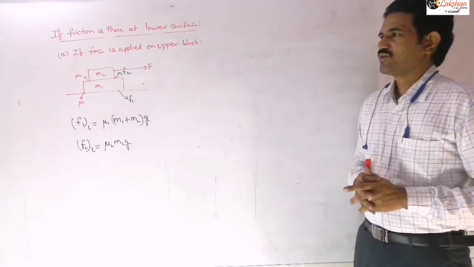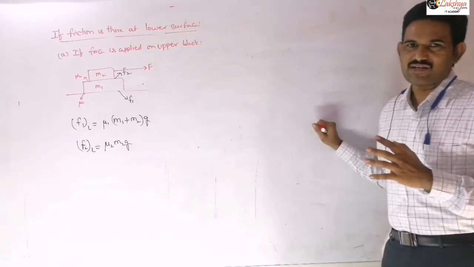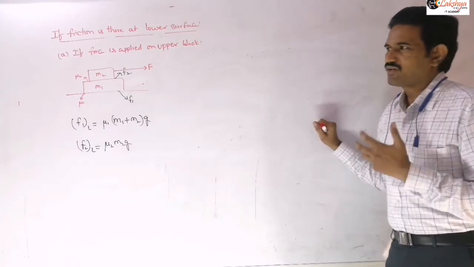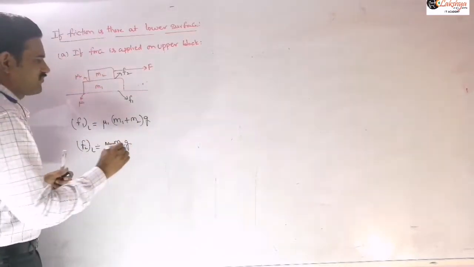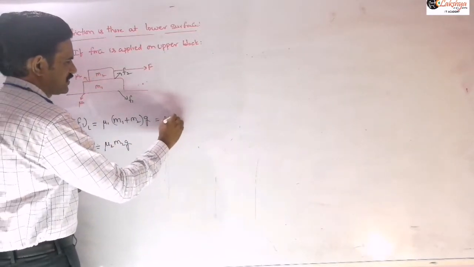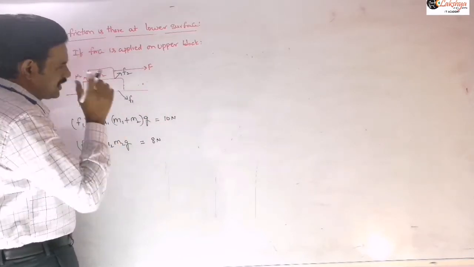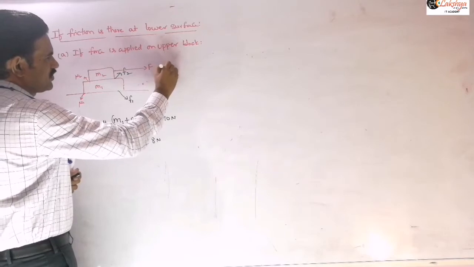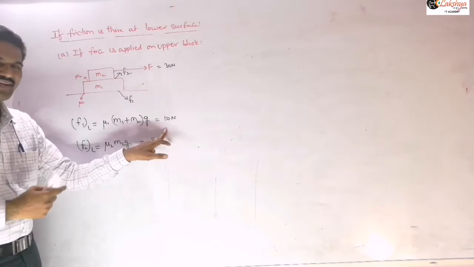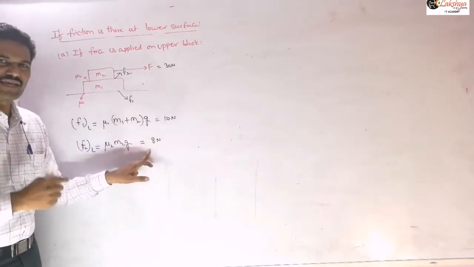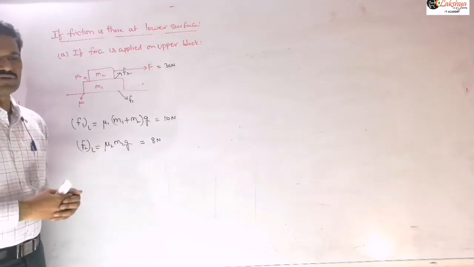The possibilities mean, when can you say that M1 will move definitely? Suppose I give some values: F1 is 10 and F2 is 8 newtons, and suppose the applied force is 30 newtons. Observe this: F1 is 10, F2 is 8, and the applied force is 30 newtons.